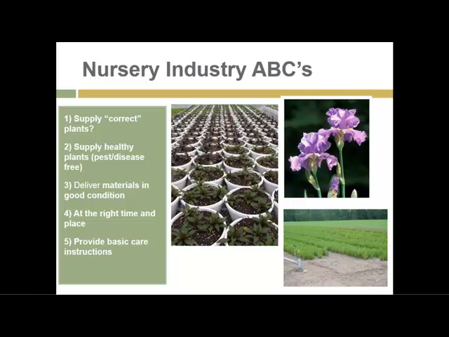And then once the correct plants have been identified, then they have to be healthy, free from diseases and pests, delivered in good condition at the right time and place, and for the consumer market with some instructions for care and maintenance of the plants.